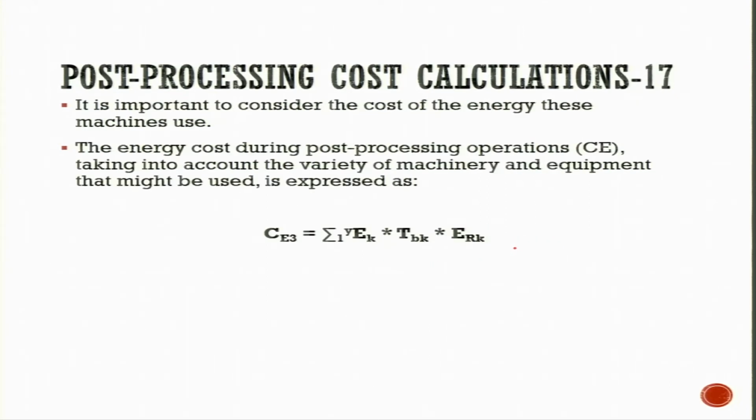Similarly, the energy cost for the different machines is calculated here from 1 to y, summation of the energy consumed by the machine into the time the machine is used into the energy cost rate.